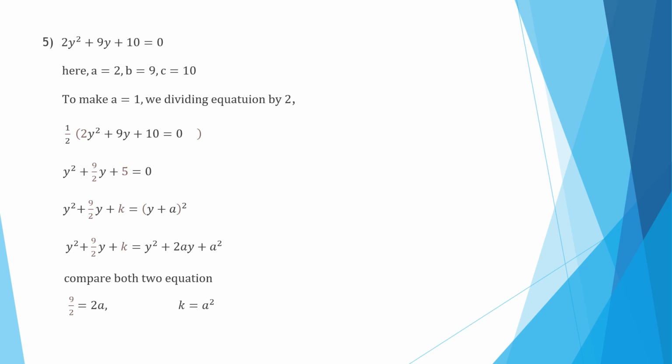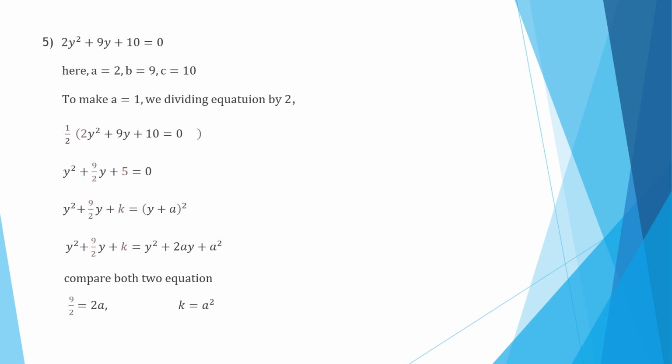We require a is equal to 1; that's why we divide the equation by 2. So 2y square plus 9y plus 10 is equal to 0, dividing by 2. Then 2y square by 2 is y square, 9 by 2 is 9 by 2y, and 10 by 2 is 5. So we write y square plus 9 by 2y plus 5 is equal to 0.